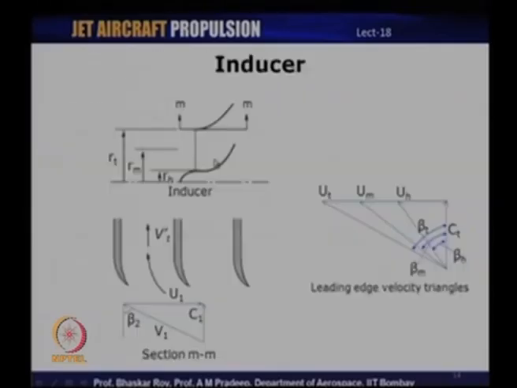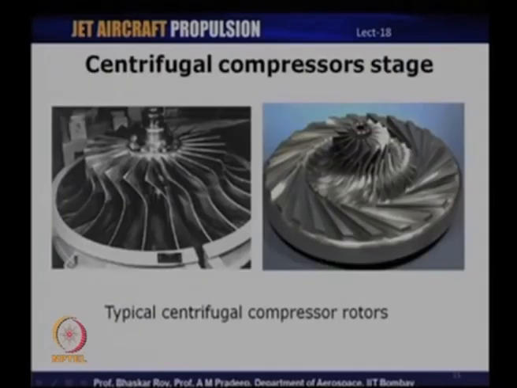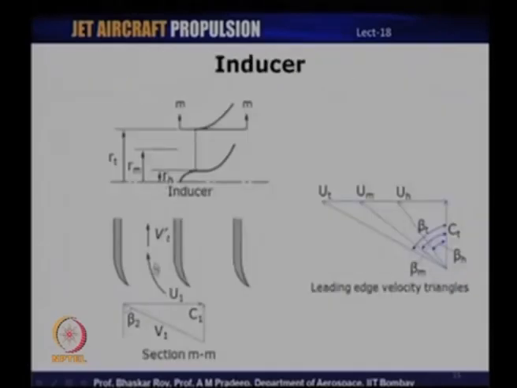So, if we look at this schematically, if you were to take a cross section here, this is how it would look. This is basically the inducer part of the impeller. We have taken a cross section here. If we chop off the inducer at this section, which is section MM, then this is what we will see, and we can see that the incoming flow has absolute velocity c1.